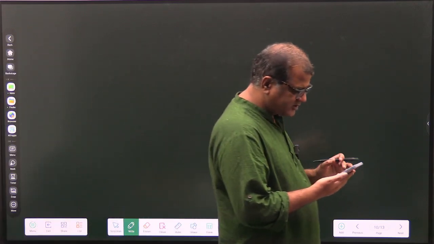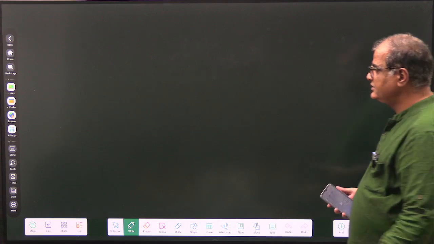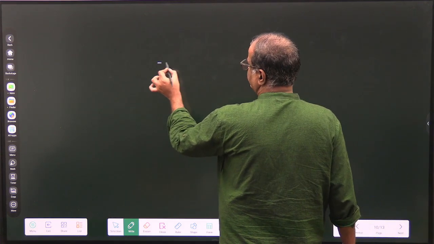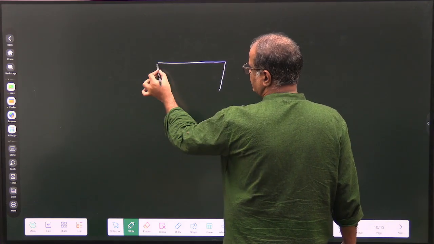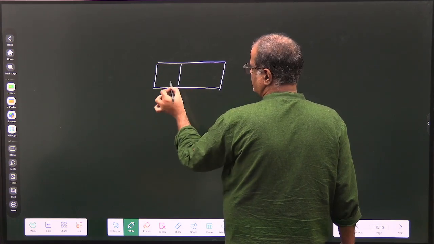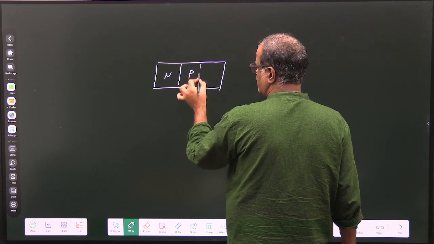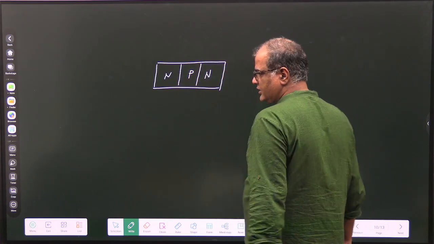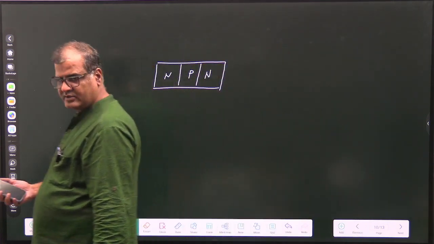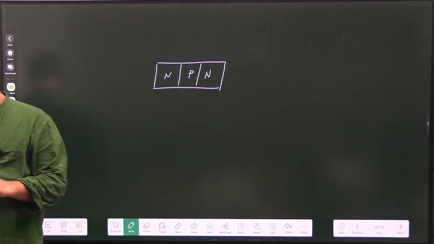Now see the question number 1. For unbiased NPN transistor, you have NPN transistor which is in equilibrium, which is unbiased. Tell me the Venn diagram of this one. Which is the option? कौन सा है?